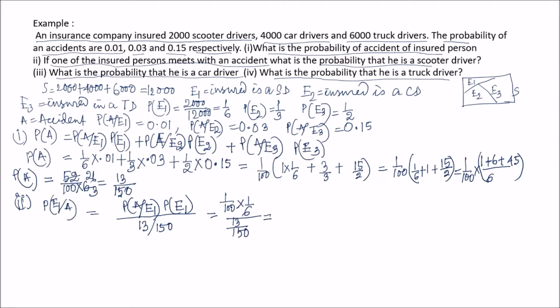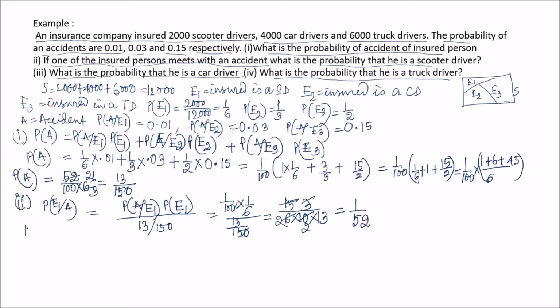So you can cancel the zeros. It will be 15 by 6 into 10 into 13. Now 5 threes are 15, and so on. So how much will it be? It will be 1 by 52.